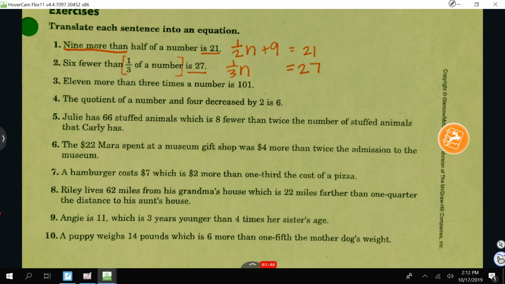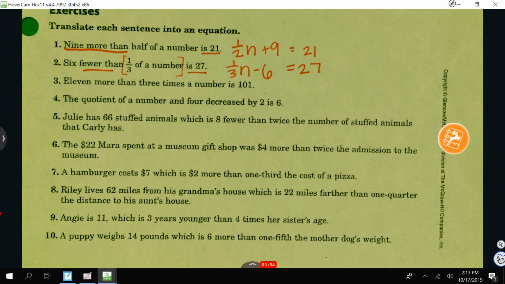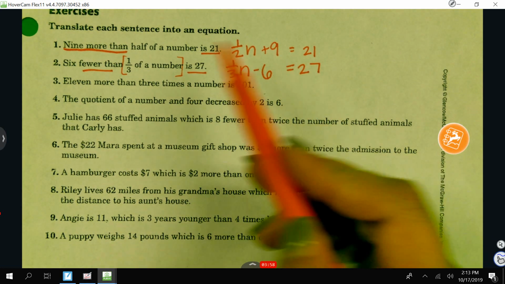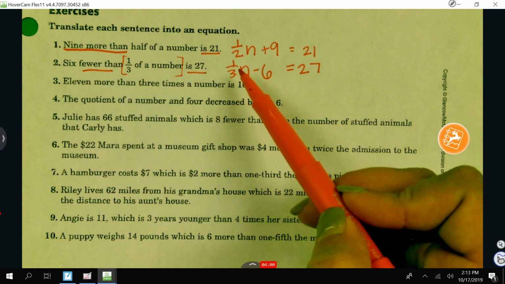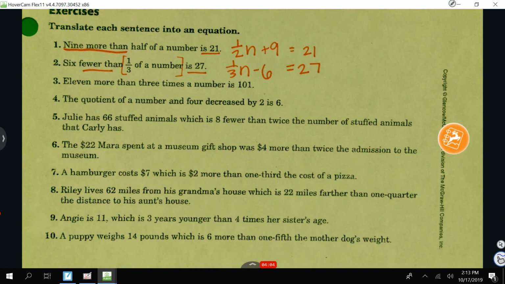And then it also says 6 fewer than that. So what does that mean? Minus 6. This is important. This order is important. Because it says fewer than, it has to be 1/3 n minus 6, not 6 minus 1/3 n. Okay? Yes, the "than" is a turnaround word, so it makes you switch it around. Okay.